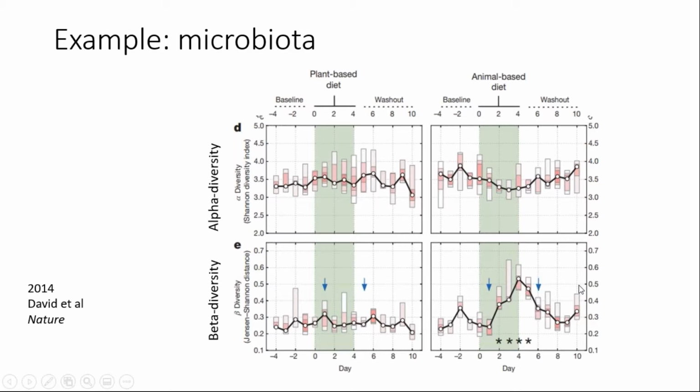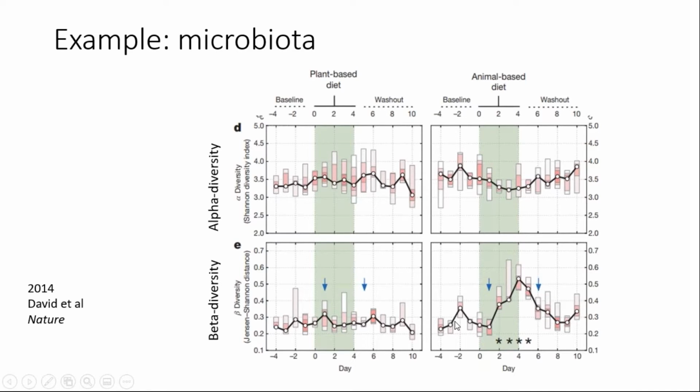And in the animal-based diet, each person's microbiome at the end of the intervention was less similar to itself at the beginning of the intervention. So this was comparing the own person's microbiome at the end of the intervention to their own microbiome at the beginning of the intervention. And so they were less similar to themselves after this intervention.